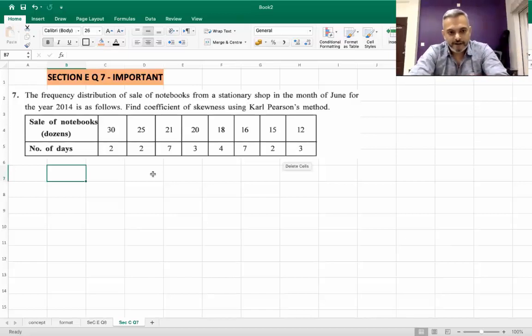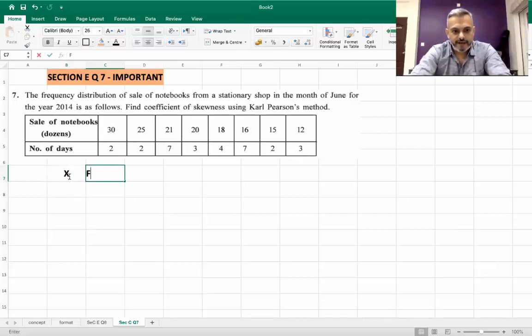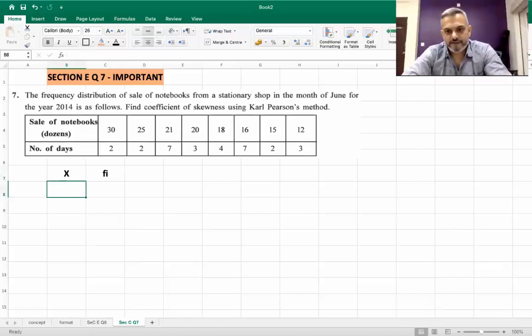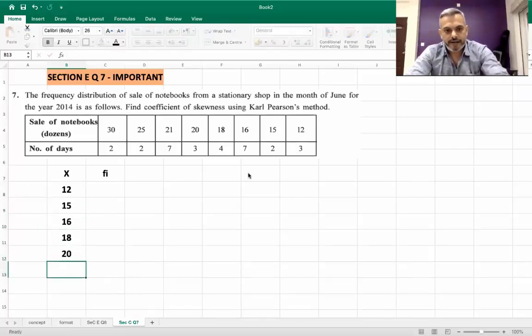So first let's write the given information, x and number of days, frequency, fi. Now, as you can see, the data is in descending order. So it is 30, 25, 21, 20, 18, 16, 15, 12. So first you have to make it in order. So you start with 12, then 15, then 16, then 18, then 20, then 21, then 25, then 30.